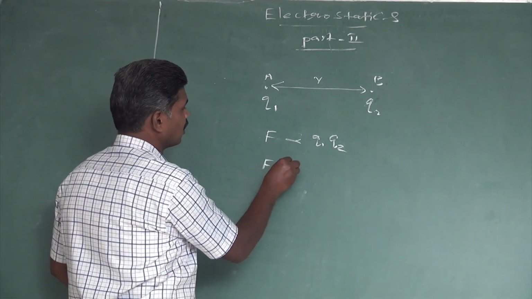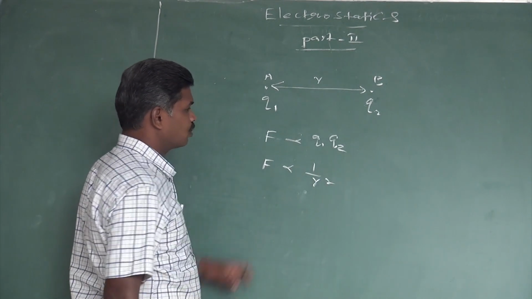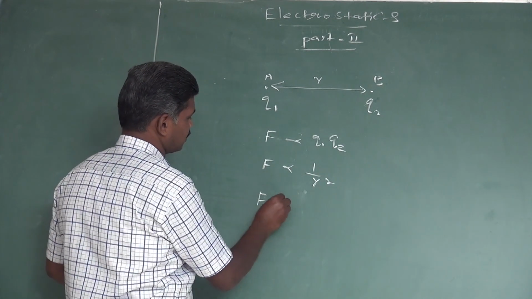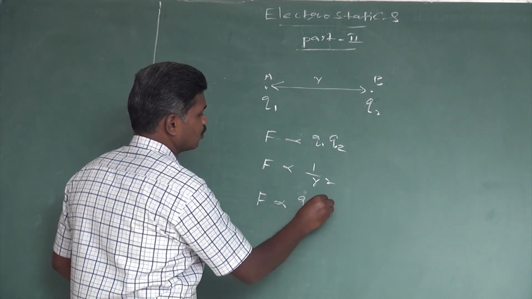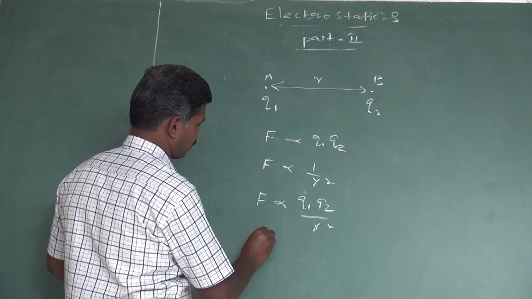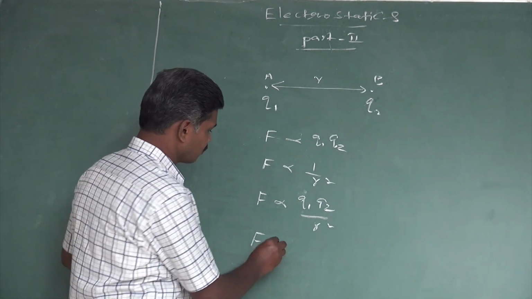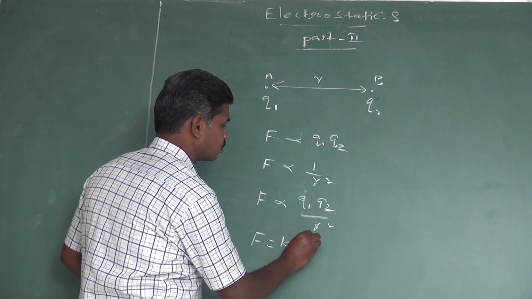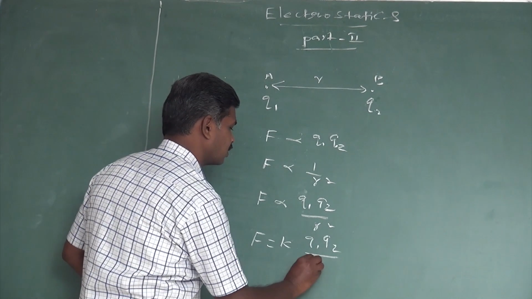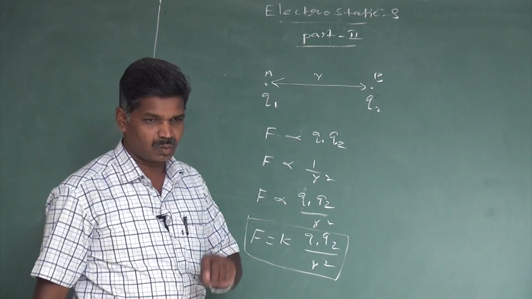That is, F is proportional to 1 by R square. Combining that, F is proportional to Q1 Q2 divided by R square. If we remove the proportionality, we apply the proportionality constant, that is F equals K Q1 Q2 divided by R square. We know that this force is a vector quantity.